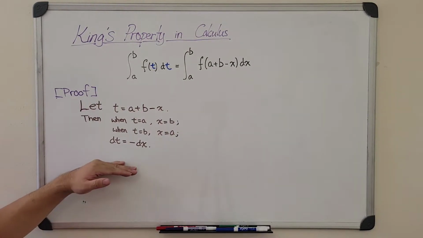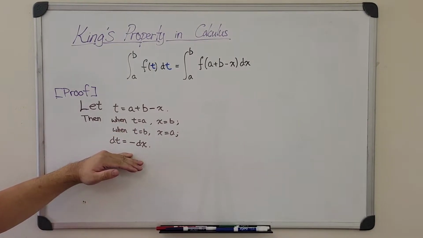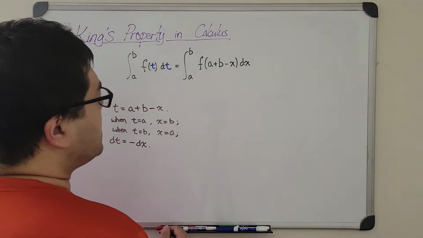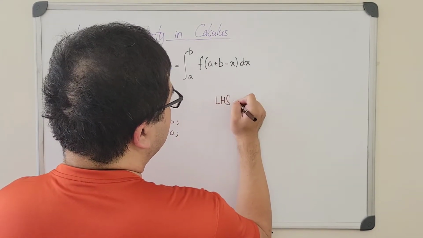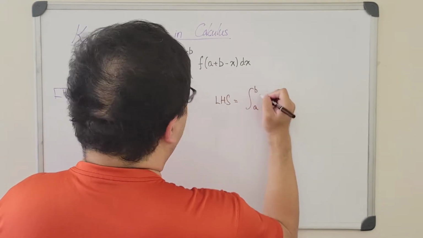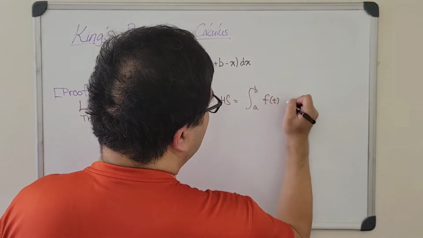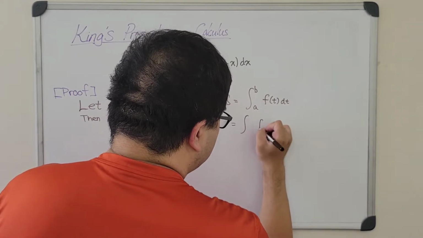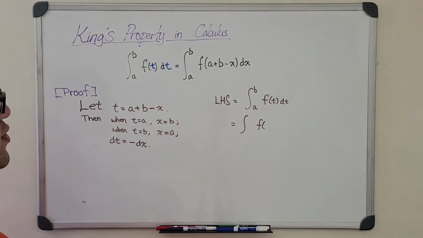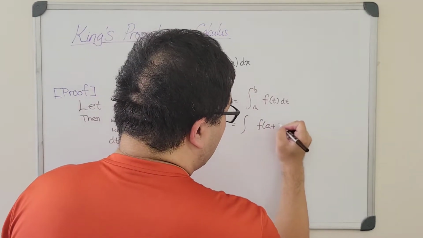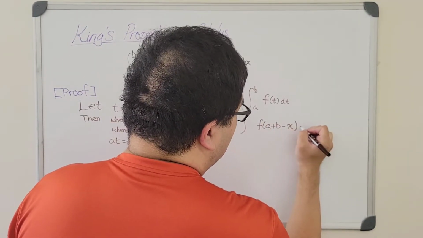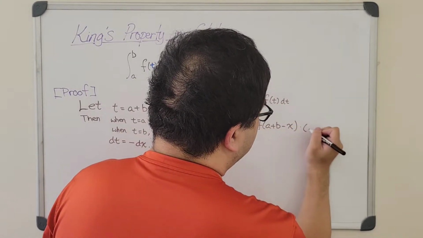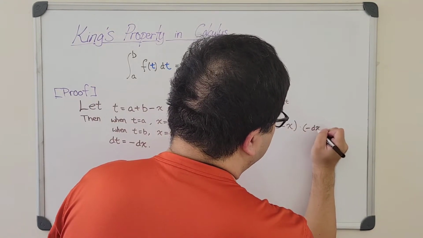So we already have everything that we need for the setup, so that we can do the substitution now. Let's get into the actual proof. The left hand side, which is the integral from a to b of f of t dt, is now equal to, we're going to do the substitution. Replace the t by the expression a plus b minus x, and dt is now becoming negative dx.